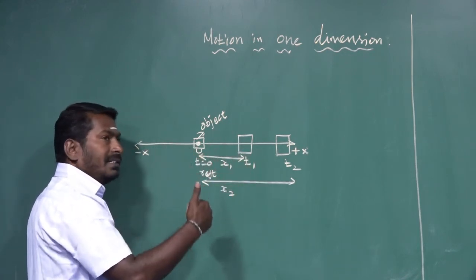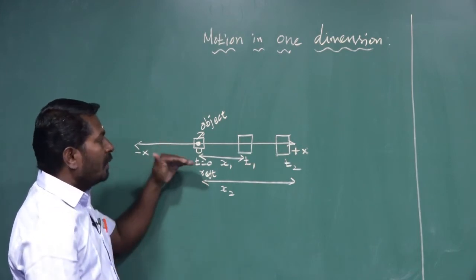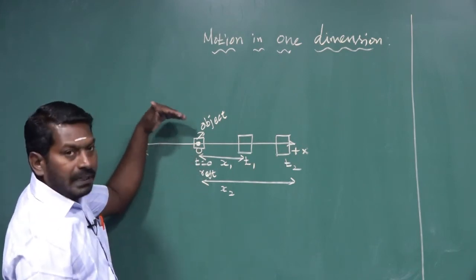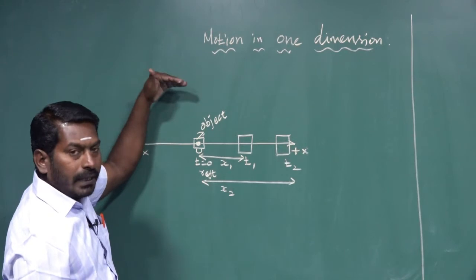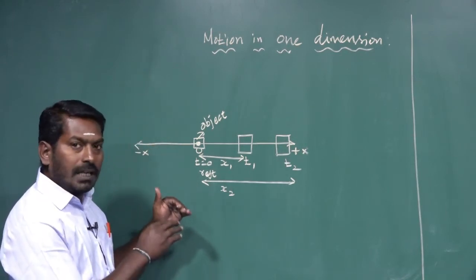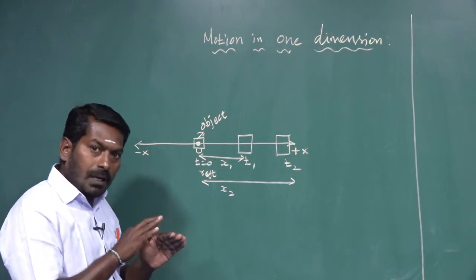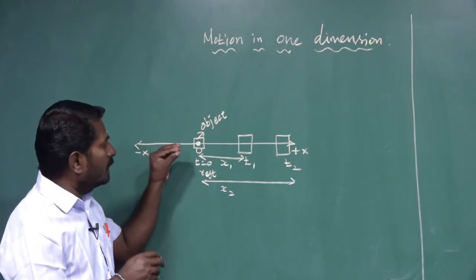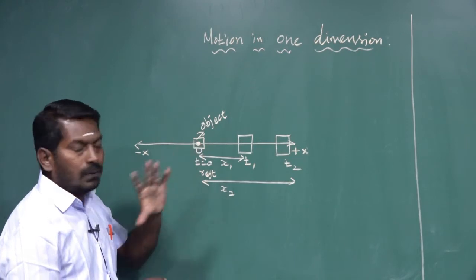Or, if your body is traveling along the y-axis, the position of your body continuously varies with respect to time only along the y-axis. If your body is traveling along the z-axis, and the position continuously varies with respect to time along the z-axis only, then the motion of the object is said to be motion in one dimension.